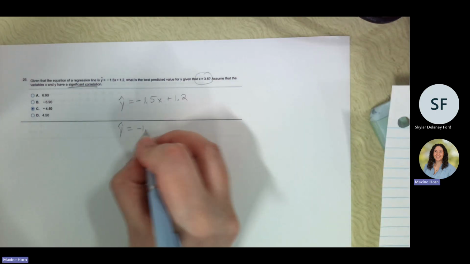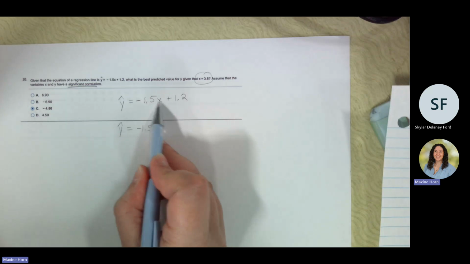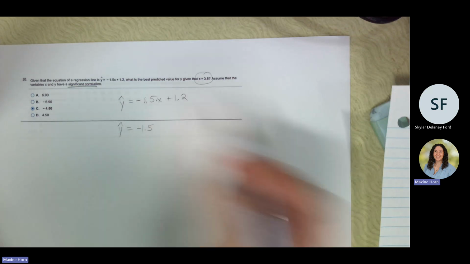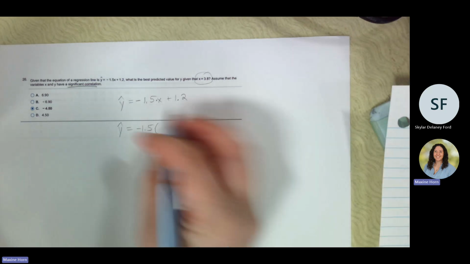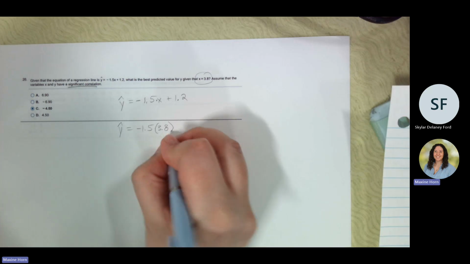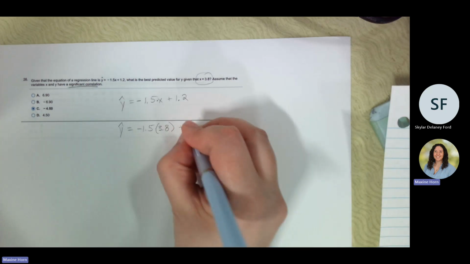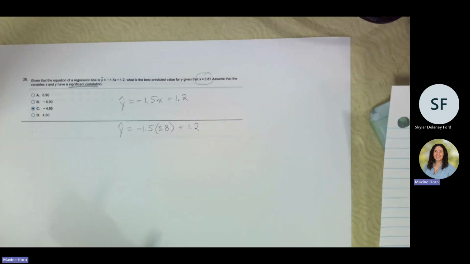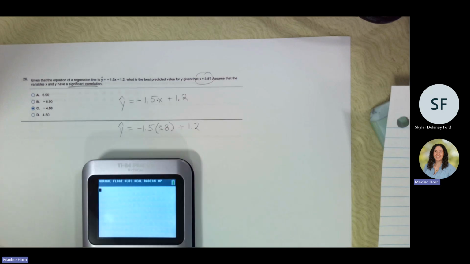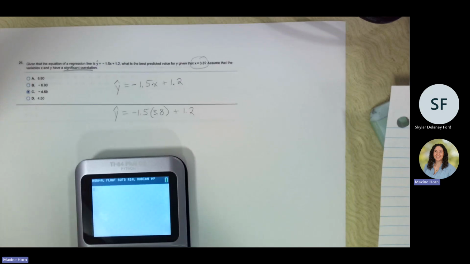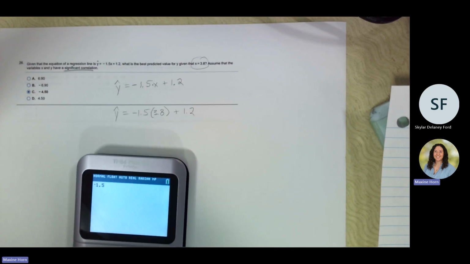So I have negative 1.5. Remember, when the number is right up next to the variable, that means multiplication, right? So it's being multiplied by, and I always like to put my numbers in parentheses if I'm plugging them in, plus 1.2. So when I go to plug this into the calculator, I'm going to say negative 1.5 times, or I could put it in parentheses if I wanted to, 3.8 plus 1.2.